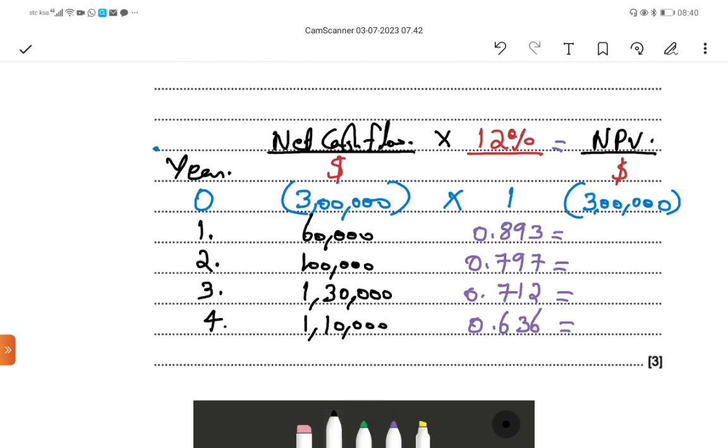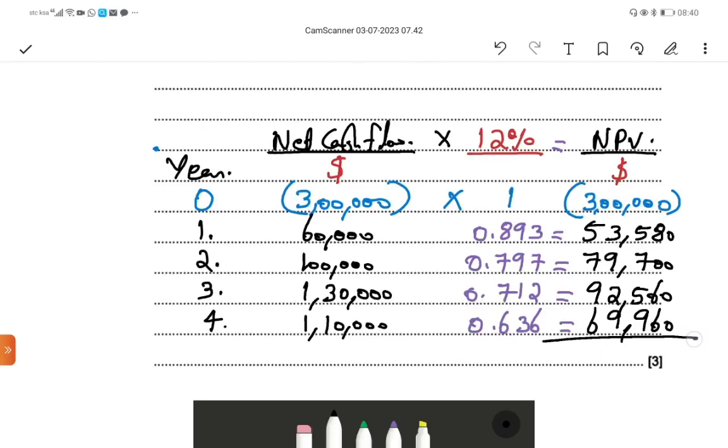The values are 53,580, 79,700, 92,560, 69,960.